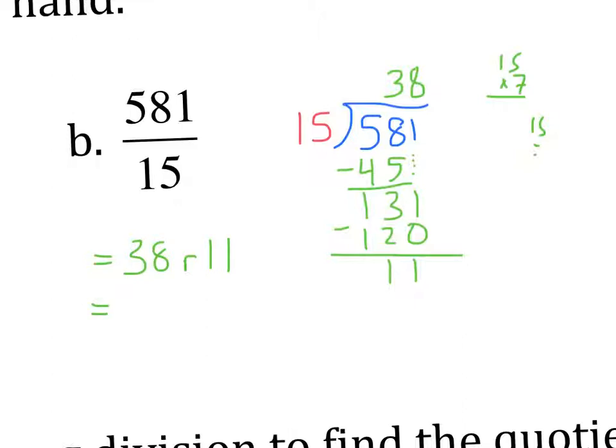The other way to write this is 38, but as a fraction, and we put the divisor as the fraction. So either it's 38 remainder 11, or it's 38 and 11 fifteenths. Again, we're dividing by 15, so that's why the 15 stays down below. We are going to need to write in both of these today as we do polynomials.